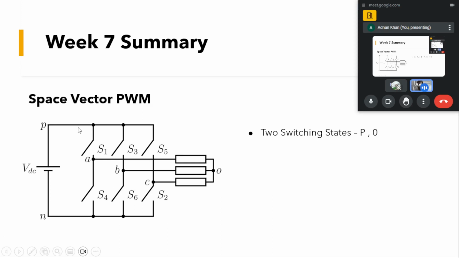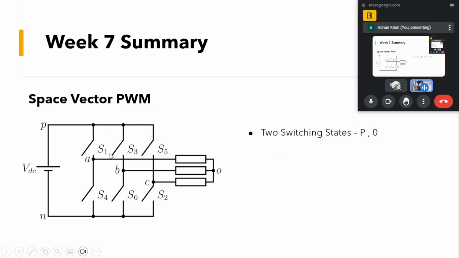Let us say we have this A leg, and the switching state in this is P. That means S1 will be switched on and S4 will be switched off. Similarly, for the second leg, if we have a zero state, that means S6 will be turned on and S3 will be turned off.